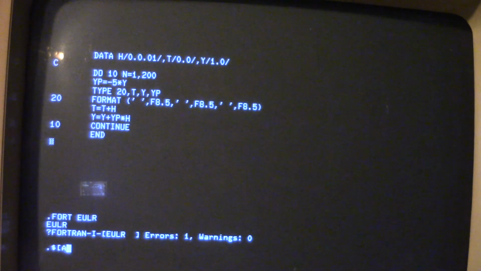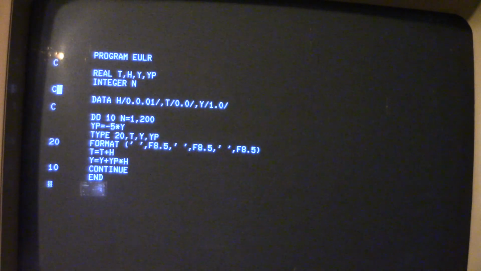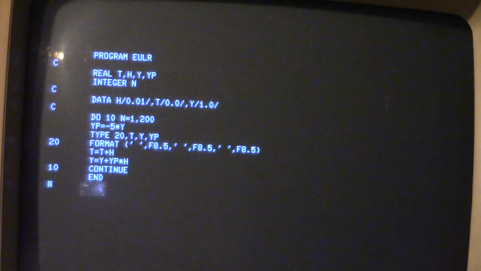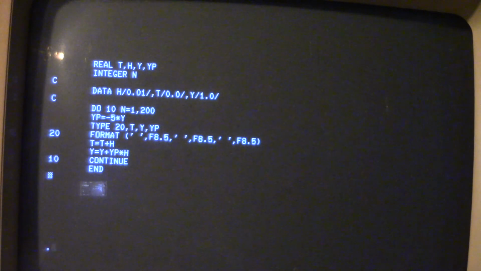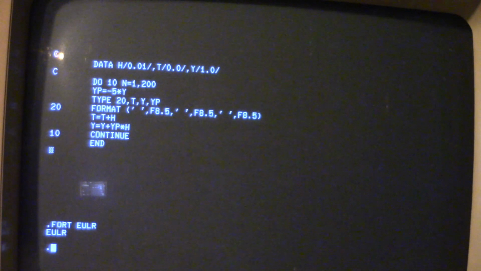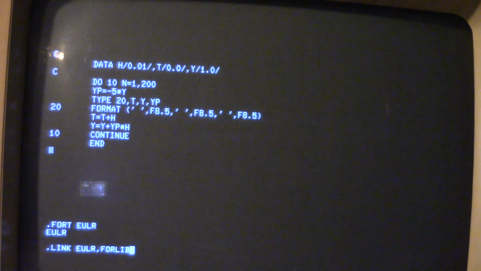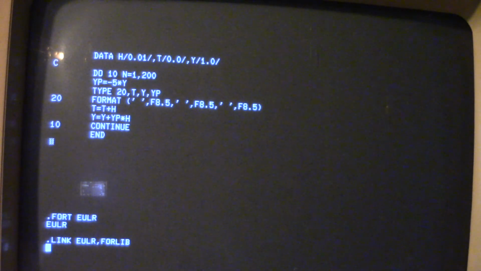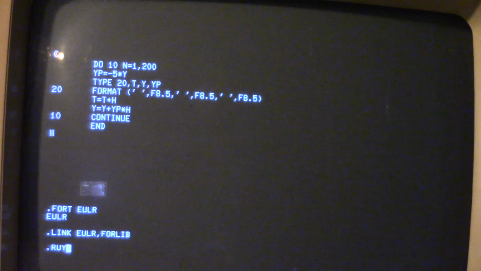Oops, I typed it in wrong, I can see. Compile, and link. And now you can see no problems.